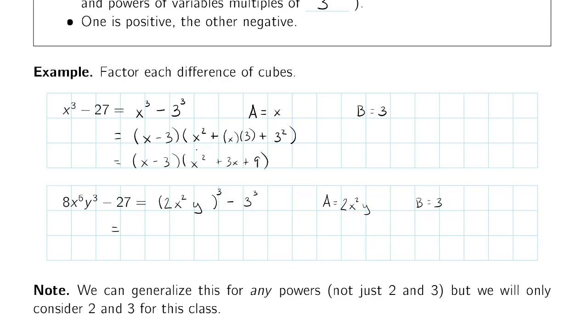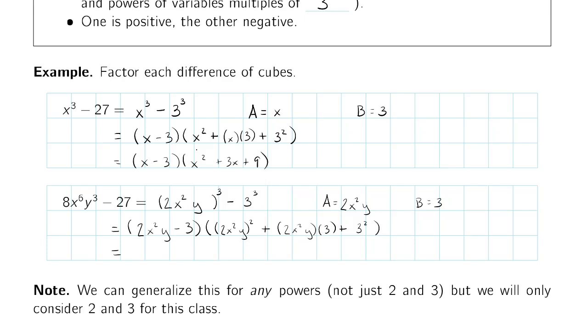Okay, so how do we factor this? Well, our first factor is a minus b, so 2x squared y minus 3. Our second factor is a squared, so 2x squared y squared, plus a times b, 2x squared y times 3, plus b squared, so 3 squared.